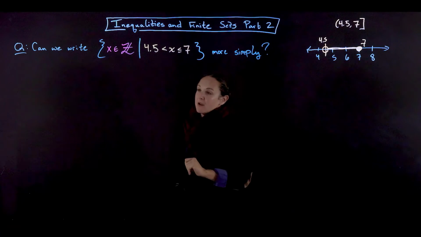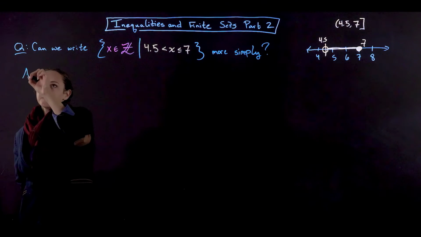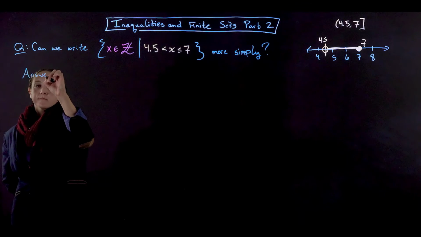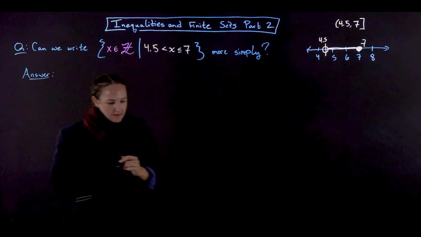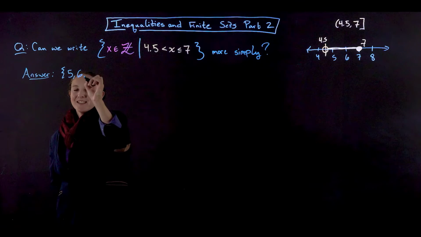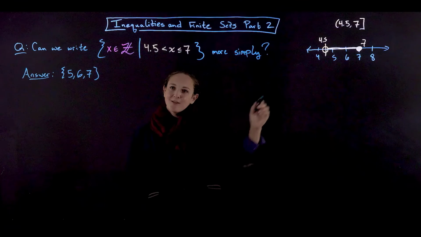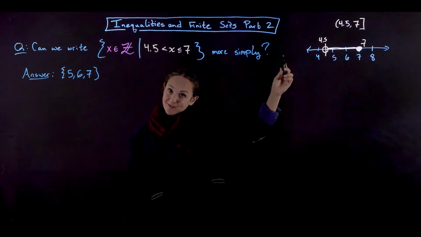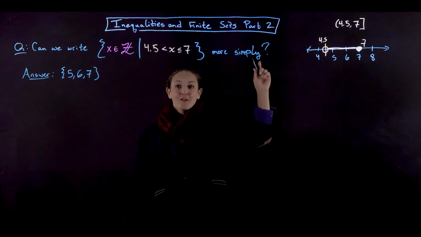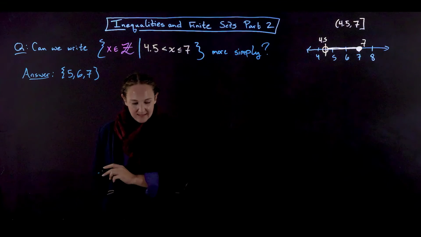So my answer is 5, 6, 7. The difference is that now we've included 7. It didn't matter that before 4.5 was filled in and now it's not, because 4.5 is not an integer. The only difference is that we've added 7.